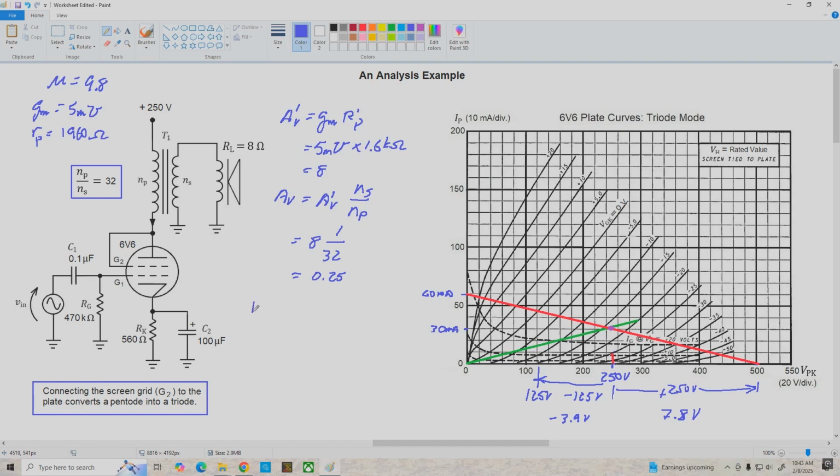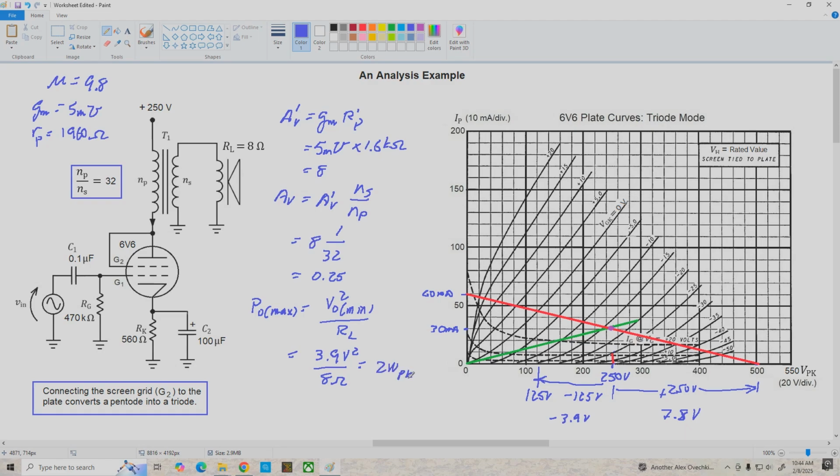So PO max unclipped is equal to, in this case, VO min squared divided by RL. So that's going to be negative 3.9, but since we're squaring, we'll just leave out the minus sign. 3.9 volts squared divided by 8 ohms, which is about 2 watts peak.